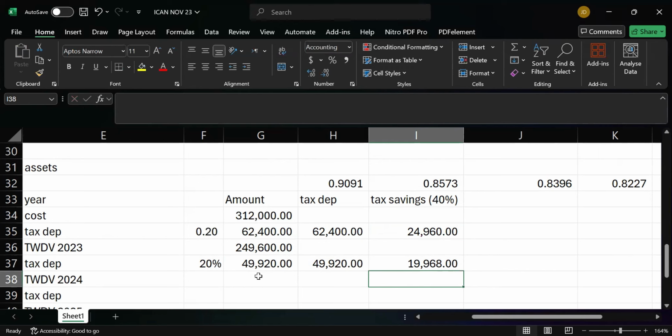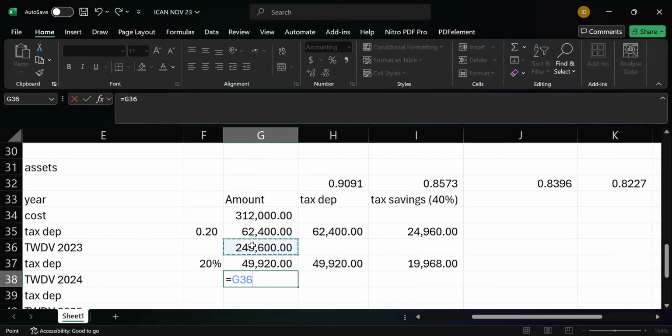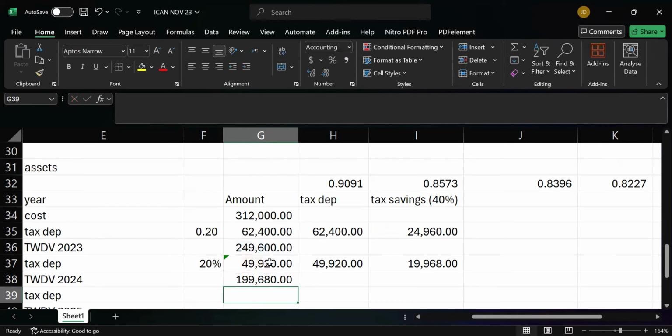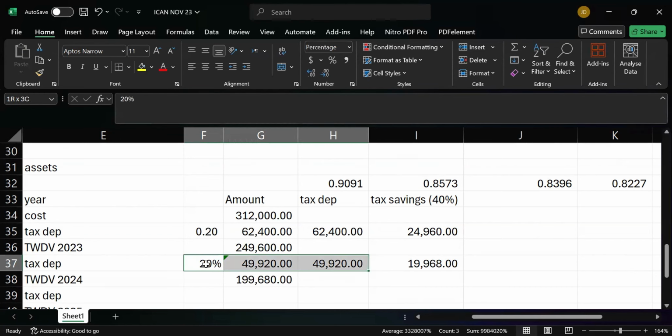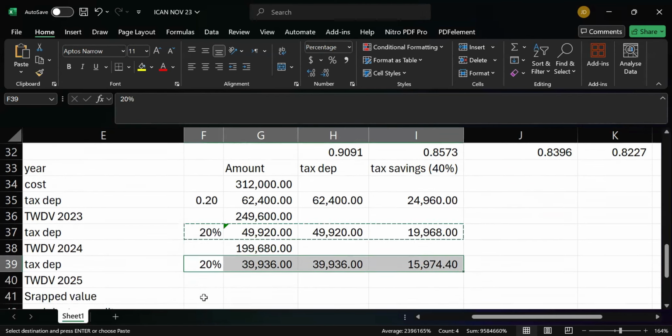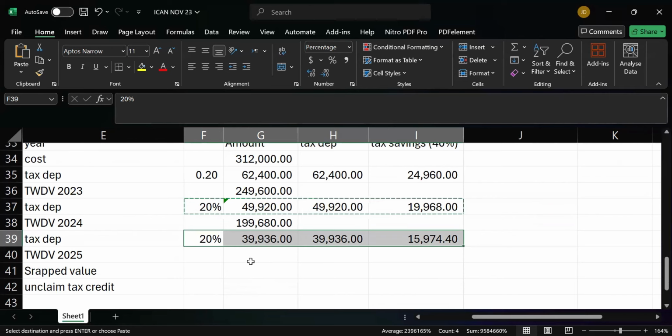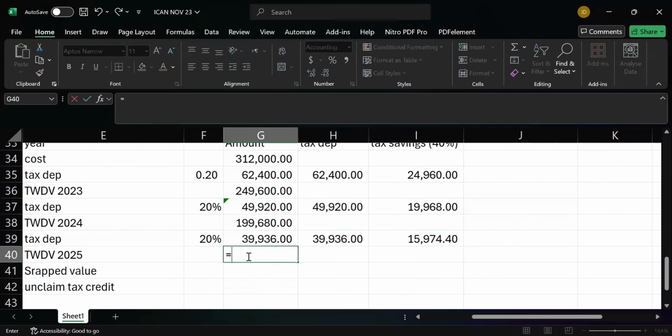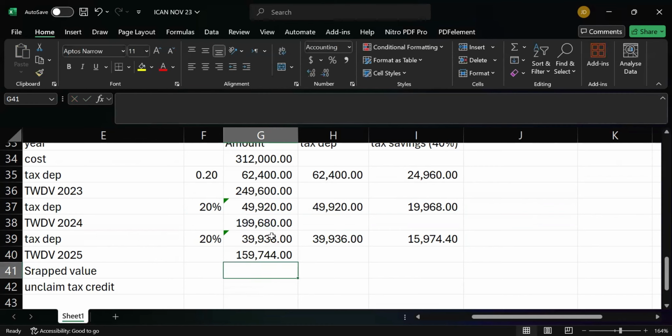2024, what will now be the tax written down value? It will be what it is in 2023 minus tax depreciation for 2024. So this is the tax written down value. So tax depreciation for 2025, tax depreciation for 2024 will be this. So I'll just copy the formula and drop. Then get my tax written down value equal to this minus this.